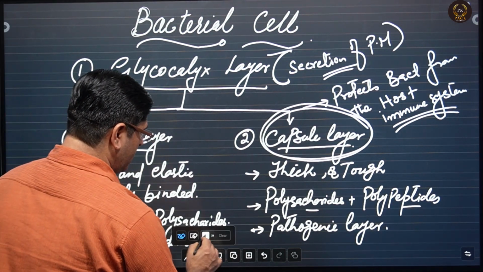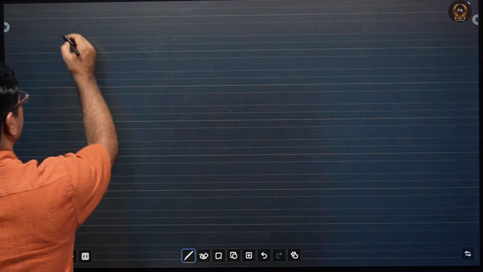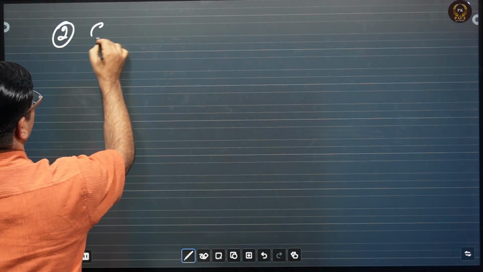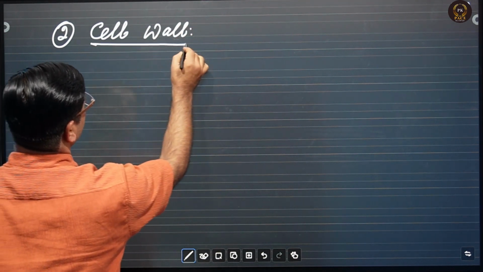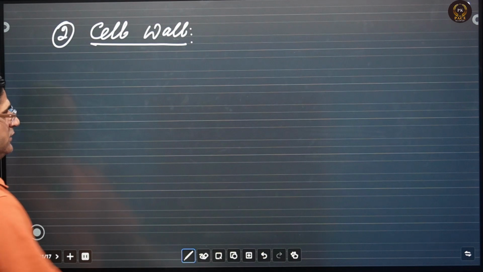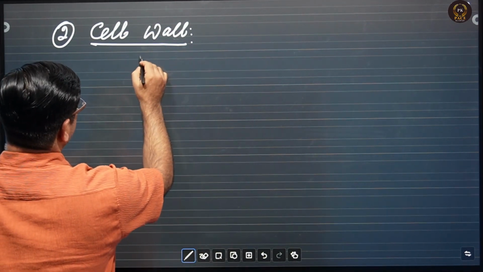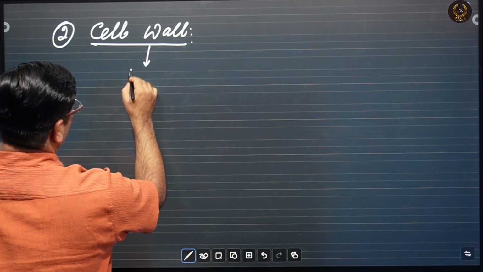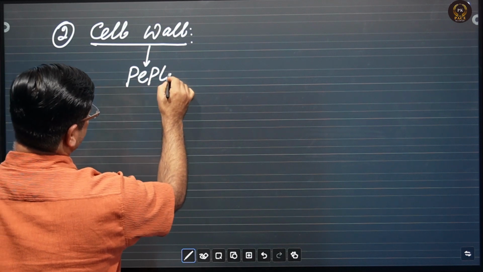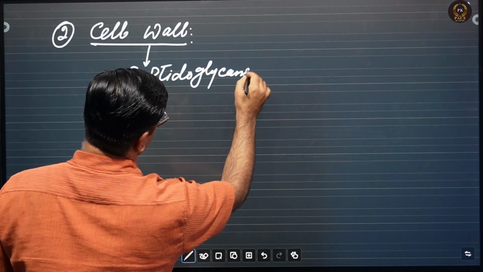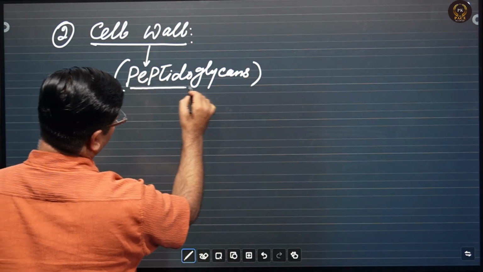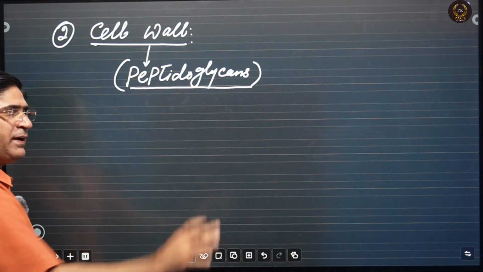Second, after the glycocalyx layer, there is the cell wall in the bacteria. The bacterial cell wall is made up of peptidoglycans.